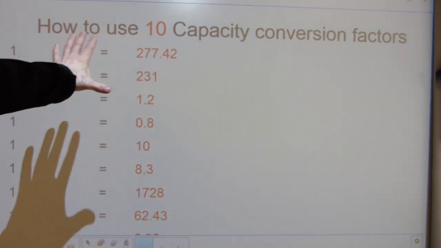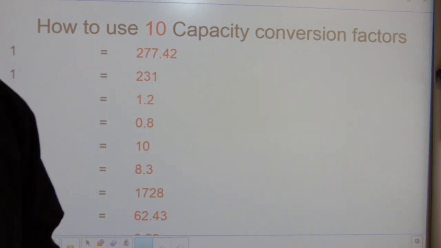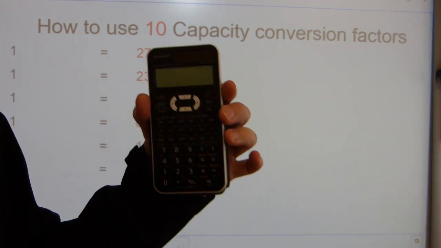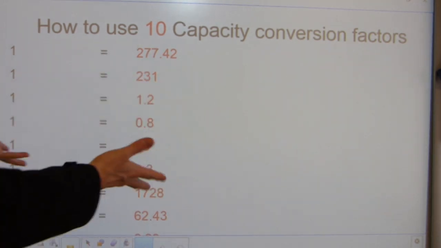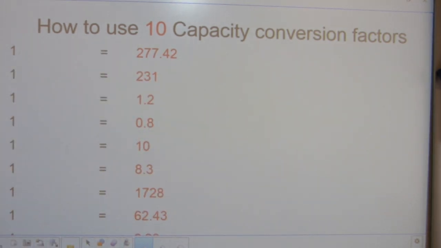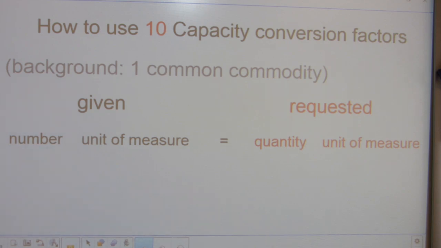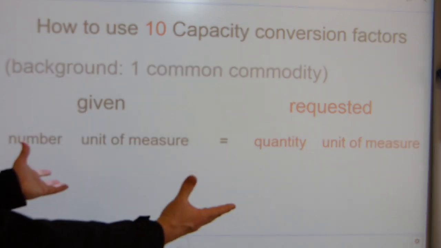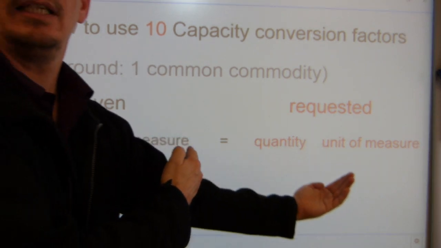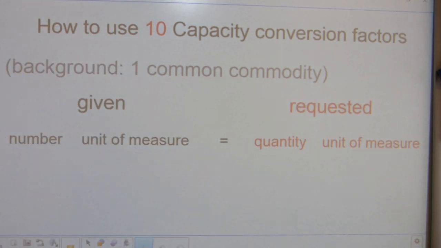You need to remember your units of measure, because the calculator doesn't do words, it only does numbers. You have to keep in mind the context for the numbers. Alright, the calculations are fairly straightforward. On the left side of a calculation, there's the given information. On the right side is the requested information.